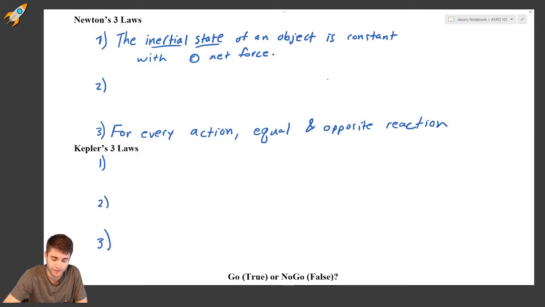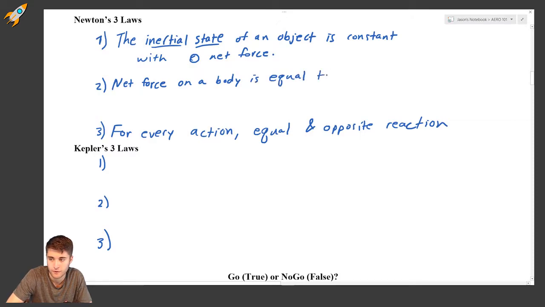I can't remember the missing one. It's the following. Newton's 2nd law is net force on a body is equal to change in momentum, right?